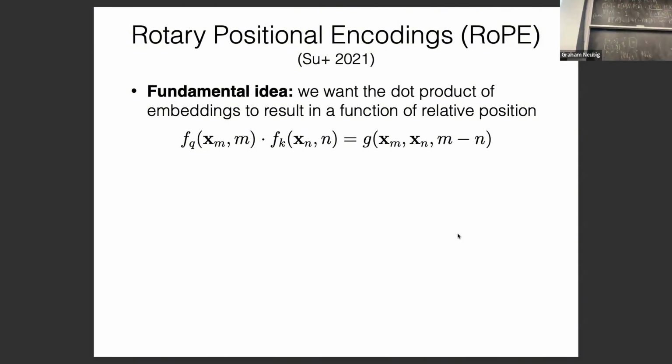So you have the function that generates the embedding for each of these, you take the dot product between them, and you get a function that depends only on the difference between the two. The reason why this is good is because it enforces a strong constraint that all attention is biased by relative positions as opposed to absolute positions.